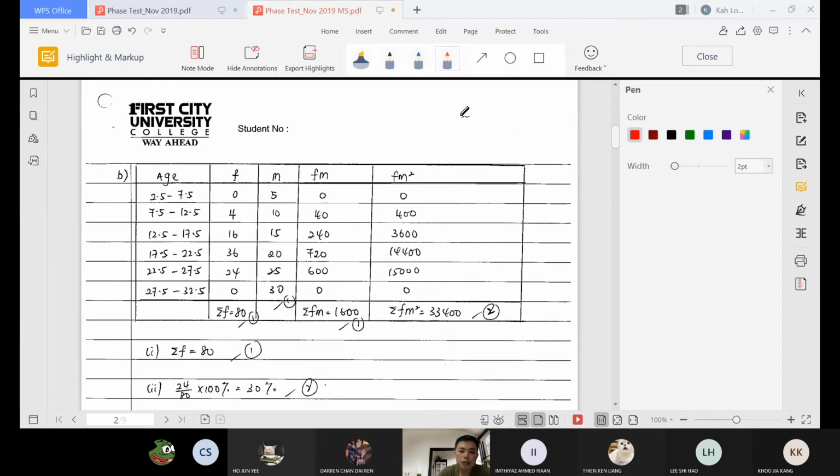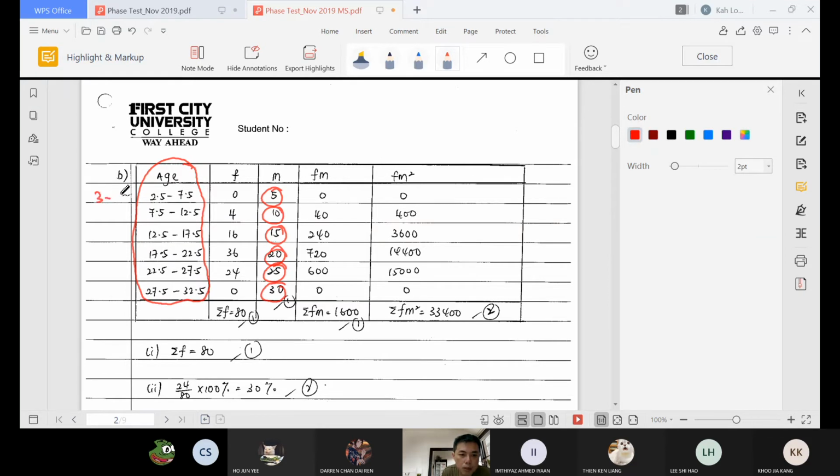Okay, so now we look at the question itself. From the midpoint, you try to estimate what is the class boundary. You see the midpoint on the frequency polygon itself, you have this data, then you have to estimate the class boundary.